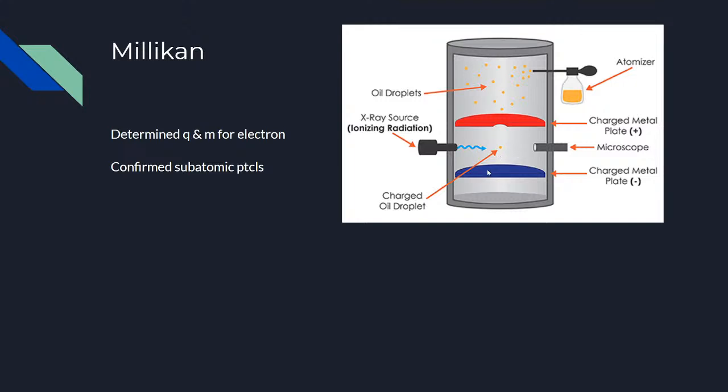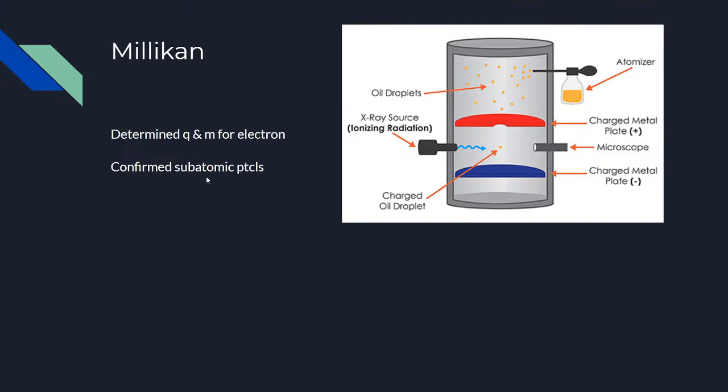Now, he didn't have perfect control. He wasn't able to strip individual electrons off there. But when he measured the charge, it always came up as a multiple of a particular number. And that number was the charge of the electron. It was either 1 electron or 2 electrons or 3 electrons. And thus he was able to get the charge of the electron.